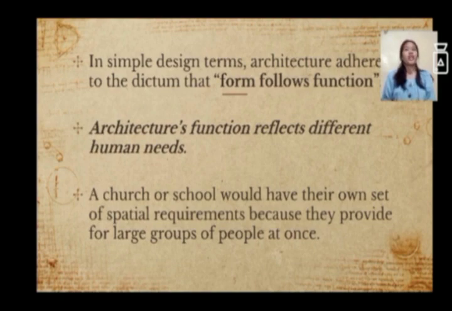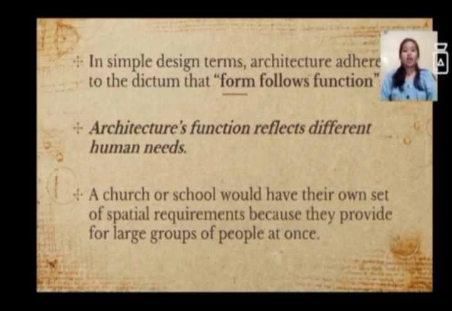So that's why architecture reflects different human needs. The kitchen is for cooking, the living room is for sitting and watching television, the dining area is where you eat, and there is a place where you can breathe fresh air.